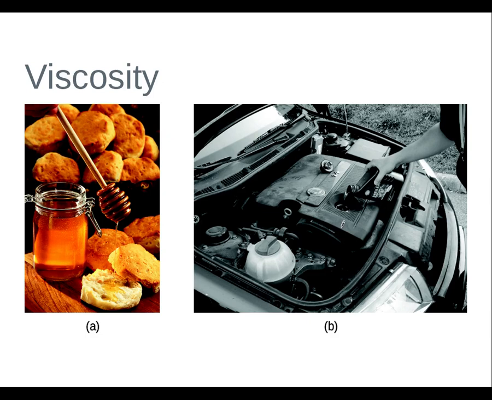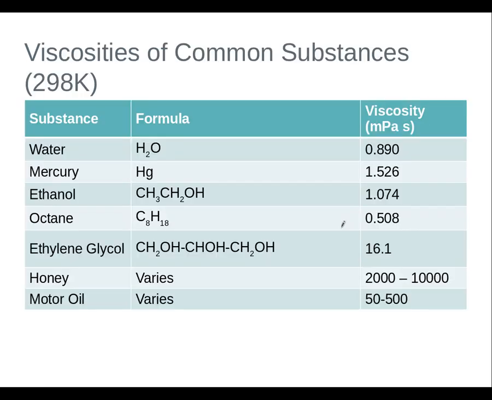Now, it turns out every substance has a viscosity, and here are a few of them. We have water's viscosity, and you have an idea of what water does if it gets in contact with you. It turns out gasoline is less viscous, and that is just regular old gasoline.